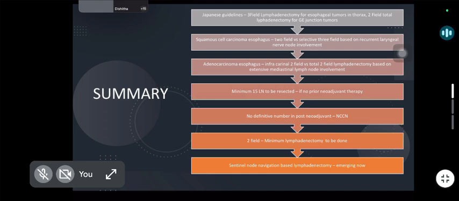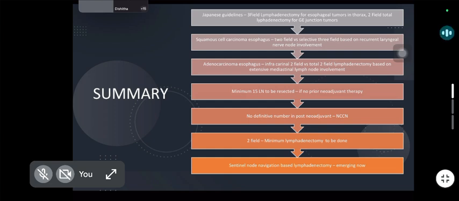For adenocarcinoma of esophagus, infracarinal 2-field versus total 2-field lymphadenectomy based on extensive mediastinal lymph node involvement. If there is extensive lymph node involvement, then we are removing both on right side and left side upper mediastinal lymph nodes along the recurrent laryngeal nerve.